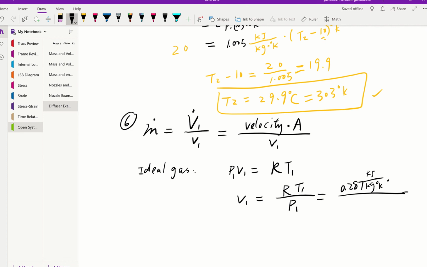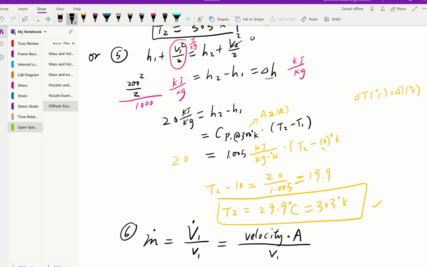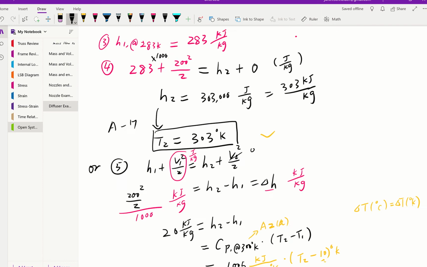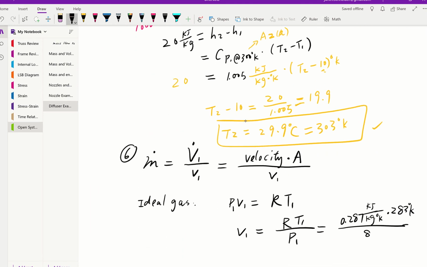And T1 is 10 degrees. Change that to absolute Kelvin, so that will be 283 Kelvin. Then the pressure is 80 kilopascal, so we divide by 80 kilopascal. Kelvin cancels out, and kilojoule divided by kilopascal gives us volume, so we will get meter cube per kilogram. That is our specific volume unit.